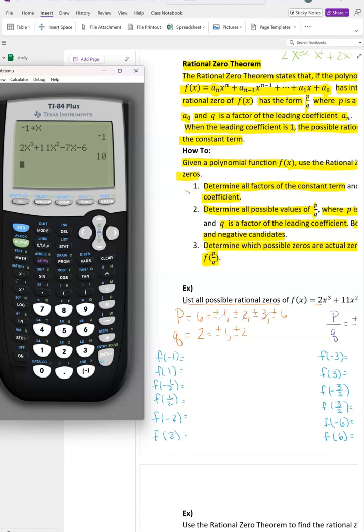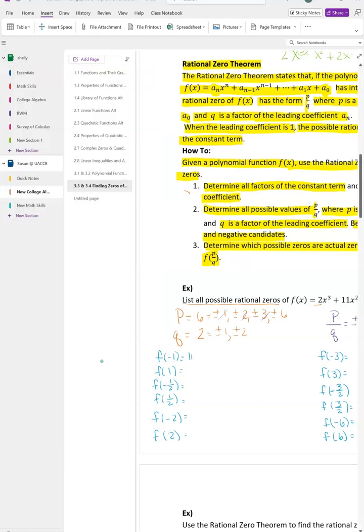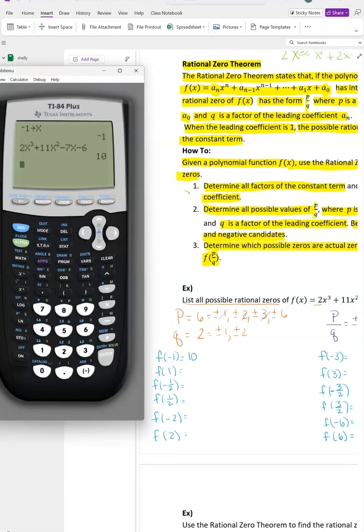When I write this down, it's going to make my calculator disappear. So this is going to be a long, tedious process. Forgive me. But this is going to be 10. Now I'm going to pull my calculator back up. And we're going to store 1 for x. That didn't work out right. Clear. 1 store x, enter.